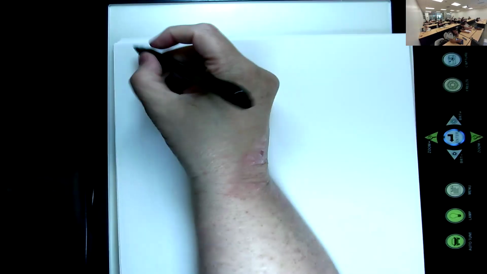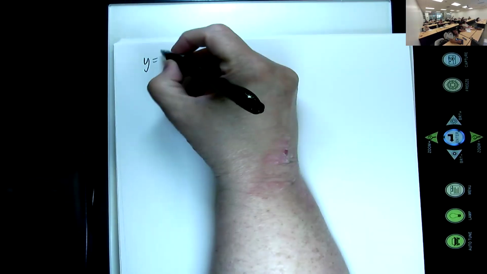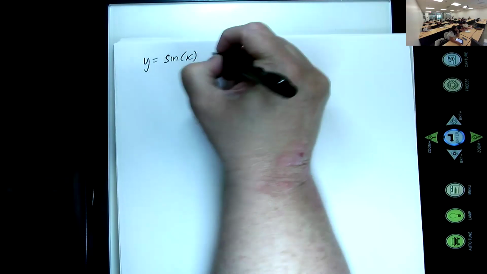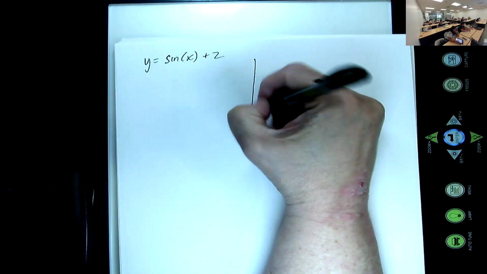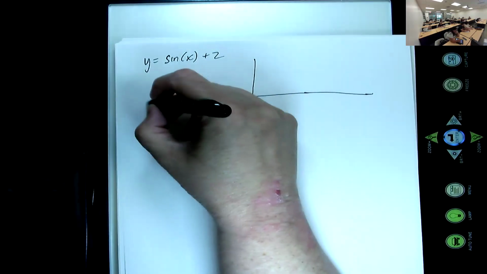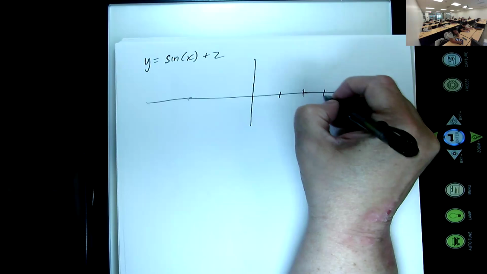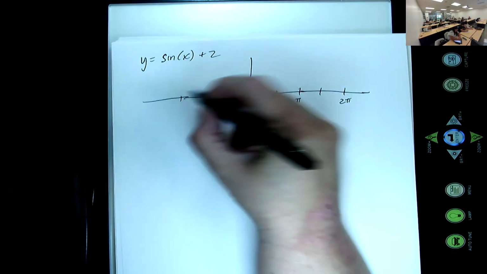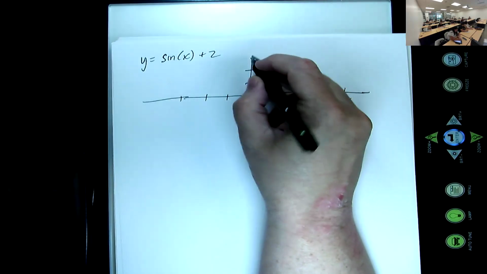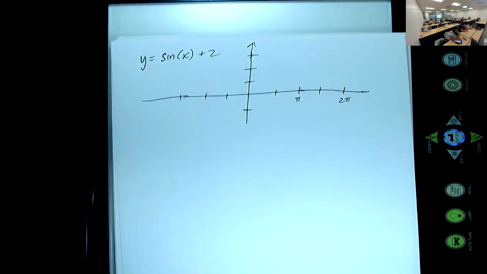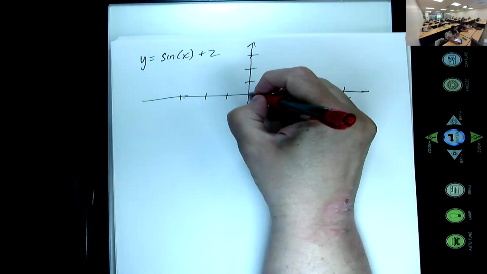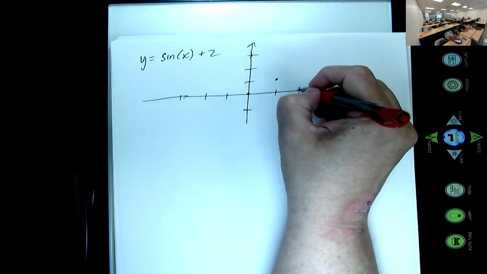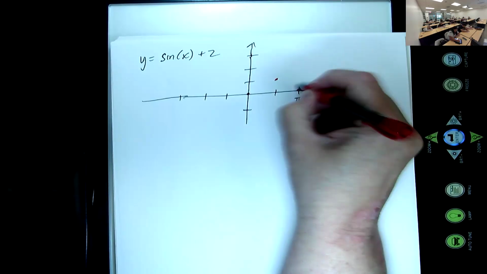Alright, so we talked about, at least on the camera, what happens when we shift the graphs. If I have sine of x plus 2, the entire sine graph shifts. The way I would do it is plot every pi over 2, or just do the points for the base graph, not actually draw it.